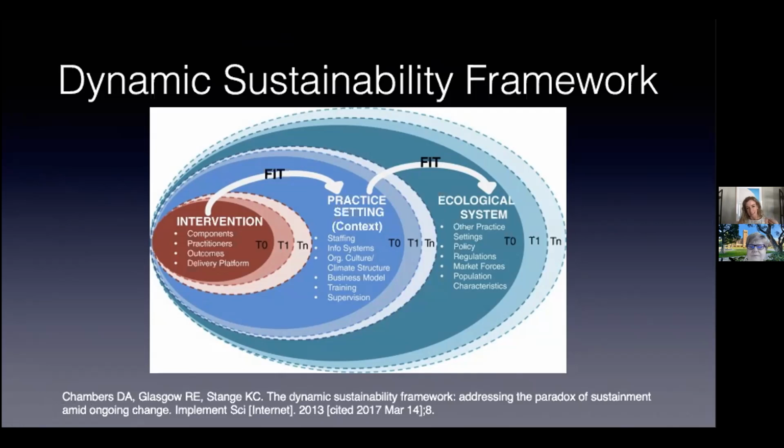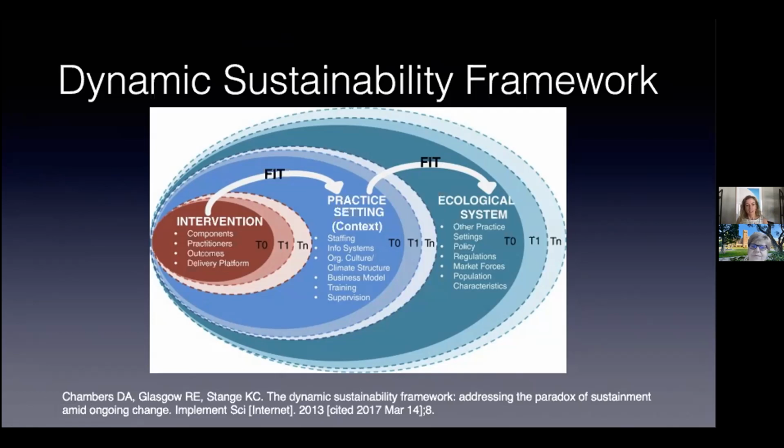The practice setting is, of course, usually shifting over time. You have people coming and going, you have demands changing, you have new resources, you have fewer resources. There's often a lot shifting in the practice environment we're working in. And then, of course, in the larger ecological system, there's often a lot changing too.